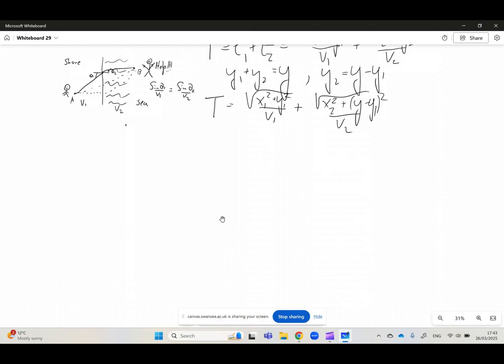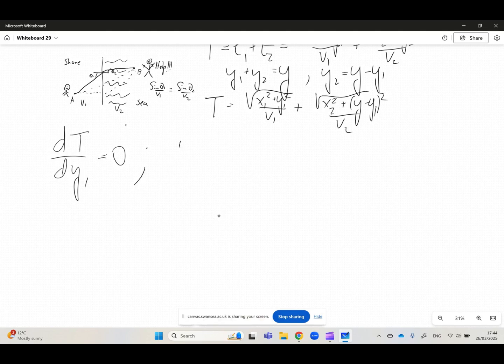So T is the total time, and let's consider the derivative of the total time with respect to y1 and equate it to 0, because we want to check what is the right point y1 to break between the shore and the sea. So we vary with respect to y1 and find the minimum by taking the first derivative and equating it to 0.